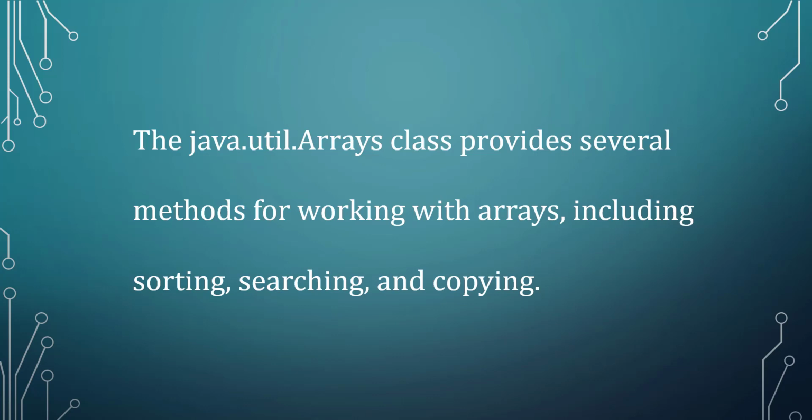So we have a standard library in Java called Arrays that can be used to do a lot of manipulation of arrays, for example sorting, searching, and copying. Now I'll go to Eclipse and do some coding on arrays. So let us begin.